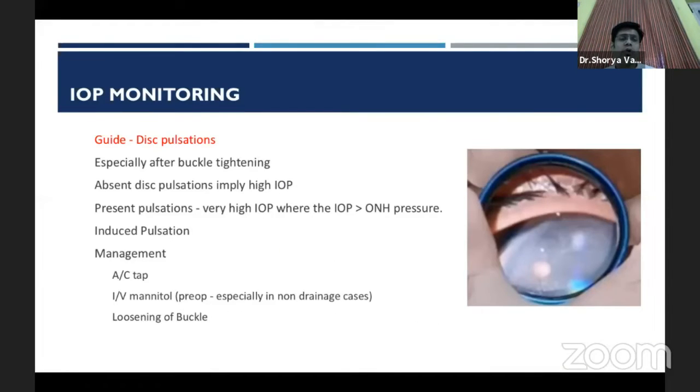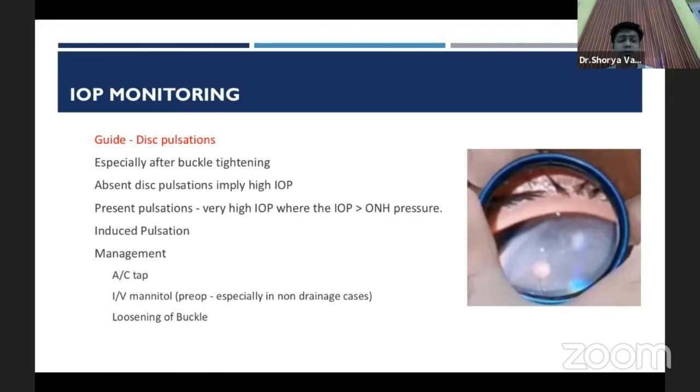One of the most important things while doing buckling is IOP monitoring, and the guide to it is the disc pulsations. When you do not see any pulsation, there can be two scenarios: either it is the normal IOP or the IOP is too high. To differentiate between the two, you can induce pulsation by simply pressing with your finger over the sclera.